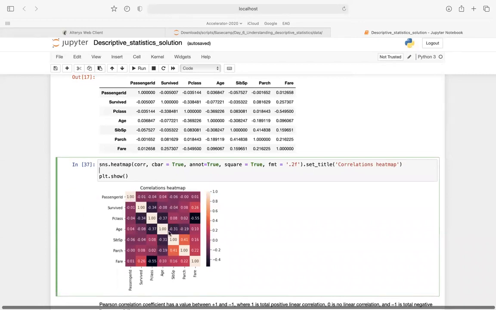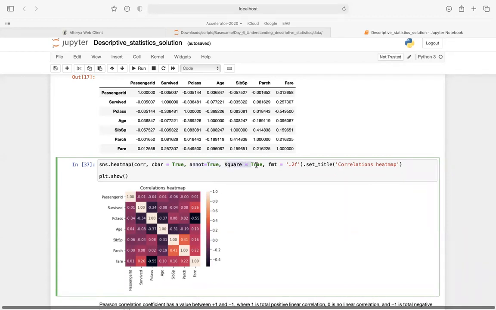This diagonal, if you see, is the positive one. Then I have set cbar equal to true. The cbar is nothing but this color bar, so that's why I'm seeing this color bar here. Annotate true, so that's why I'm getting these numbers in the cells. If I say false, I won't see these numbers.